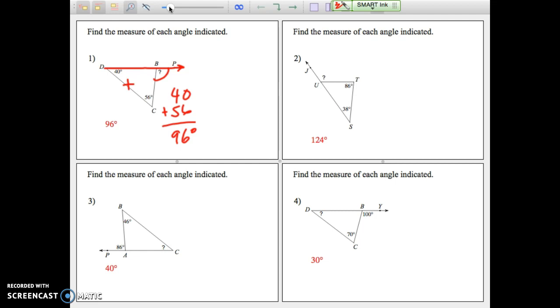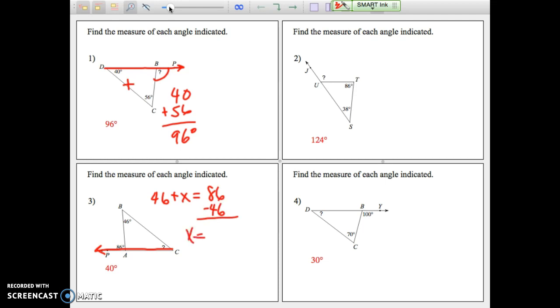Now, number 3 is a little bit different. You'll notice that you have an exterior angle. Again, I've extended this side of the triangle. And so I have this exterior angle, so I know that 46 plus x is going to give me 86. So in this case, I'm subtracting 46 from the whole.